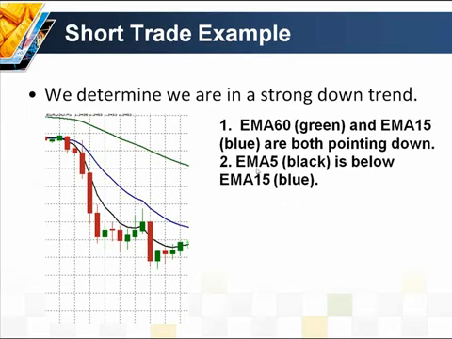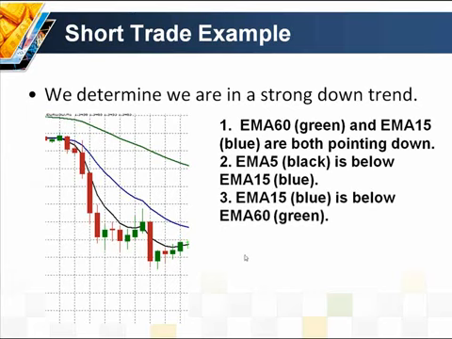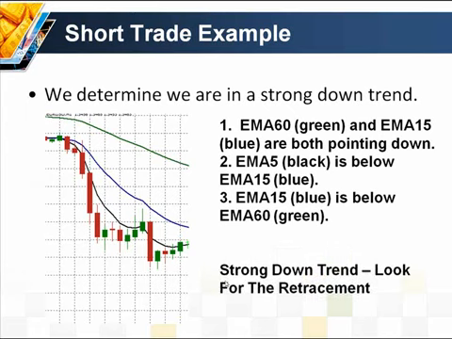The second criteria is that the EMA 5, which is our black line, is below the EMA 15. So looking here, the EMA 5 in this case is below the EMA 15. And finally, the EMA 15, the blue line, is below the EMA 60. And once those three criteria are met, we have established that we are in a strong downtrend.